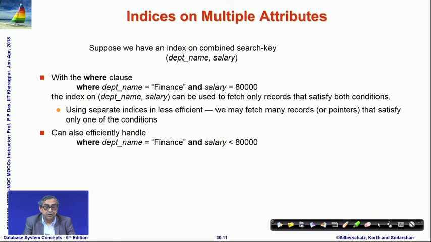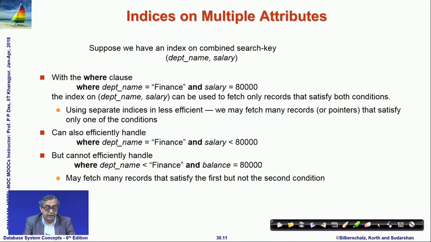It is easy, because if I can find the equality, then I also know what is less. But note that we cannot efficiently handle a query where department name is less than finance and, I am sorry, this should be salary, salary is 80,000. The reason is that the ordering of the attributes in this composite key is department name, salary.